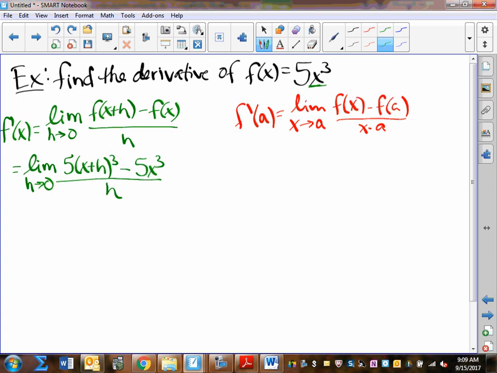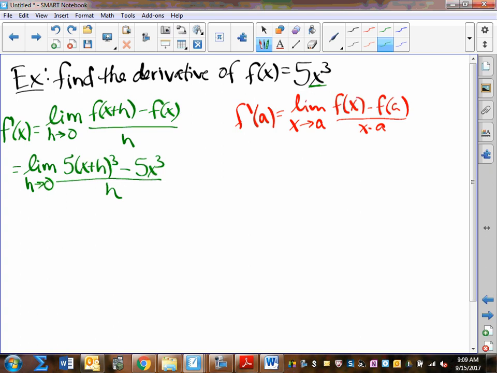What would we have to do next? Yeah, we'd have to expand x plus h cubed. Is that x cubed plus h cubed? No, don't you do that. That hurts my soul greatly when people do that. You have to do x plus h times x plus h times x plus h. That's a pretty long process, right?